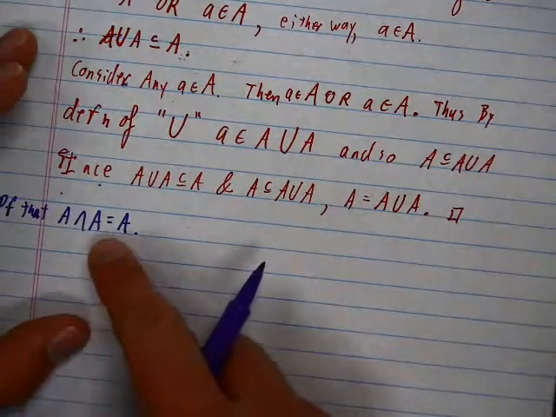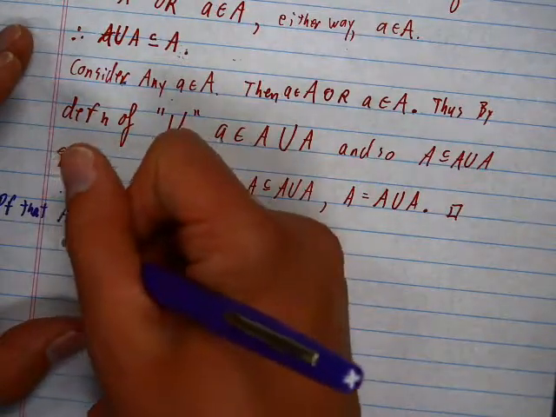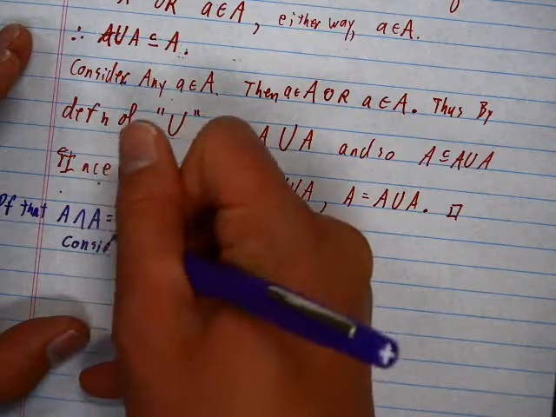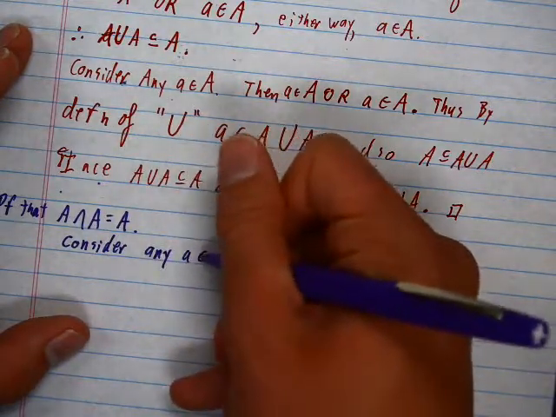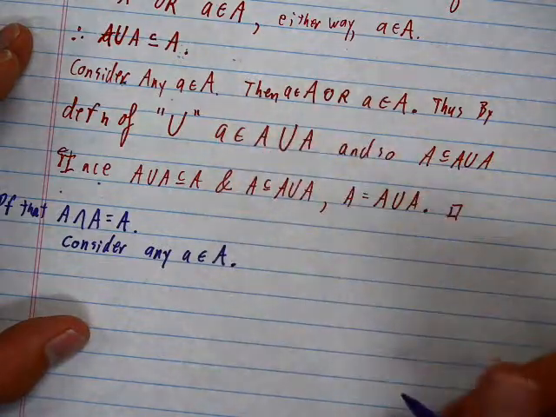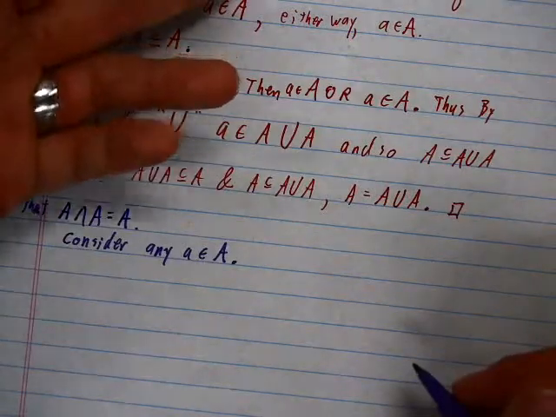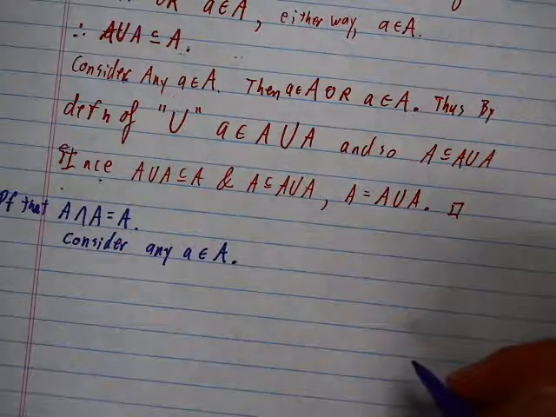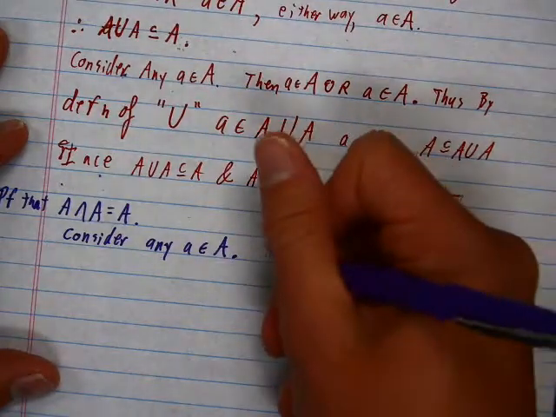Proof that A intersect A is equal to A. So they're going to be the same two steps. So let's consider any a in A. And it doesn't matter which one you do first. Last time I did the union first. This time I'm doing just A first. Consider any little a in big A. Well, let's check this out.